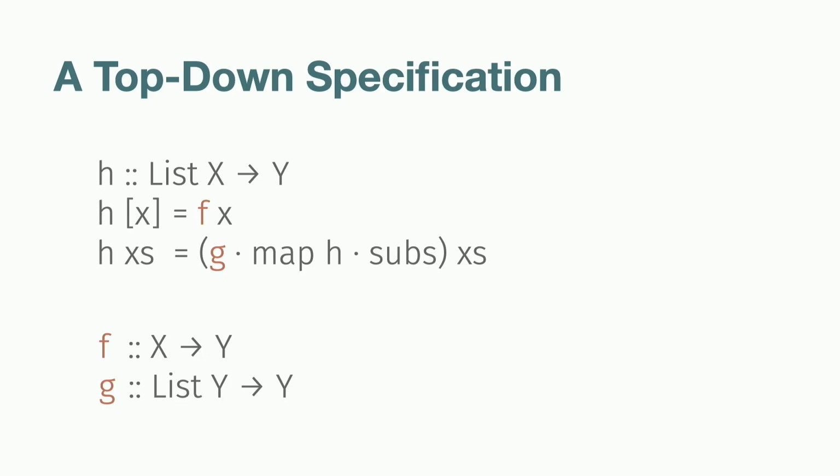And for lists having at least 2 elements, we compute all the immediate sublists, apply h to all these sublists, before collecting all the results using a function g, having type list of y to y. Okay, that should be very clear.